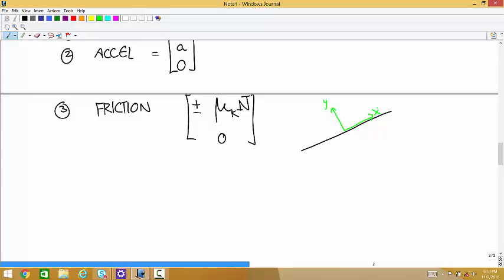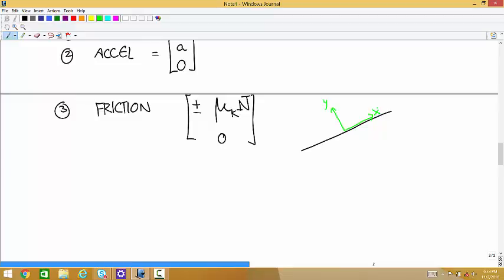Then what directions can the velocity be? Well, the velocity, it's not going to jump off the surface or sink into the surface. So the velocity can't have any y component. And so the velocity can only be in the positive or negative x direction.